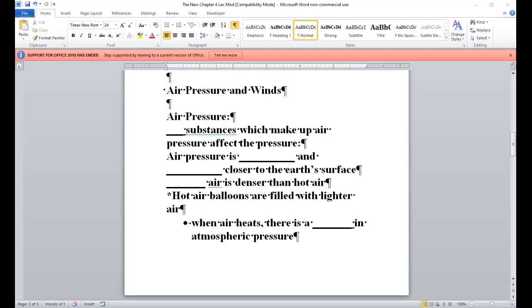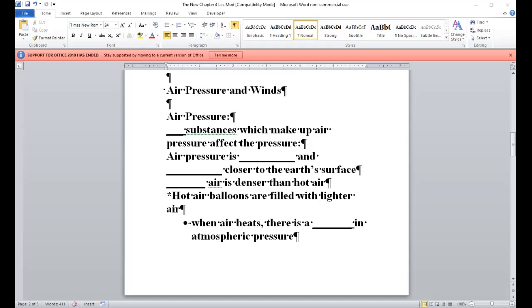So the air moves from high to low pressure, really in an attempt to equalize the pressure. And you can see this there with those visuals. You have horizontal movement. The horizontal movement is the wind, and the vertical movement is the convection. That's where your light air is rising, your heavy air is descending.